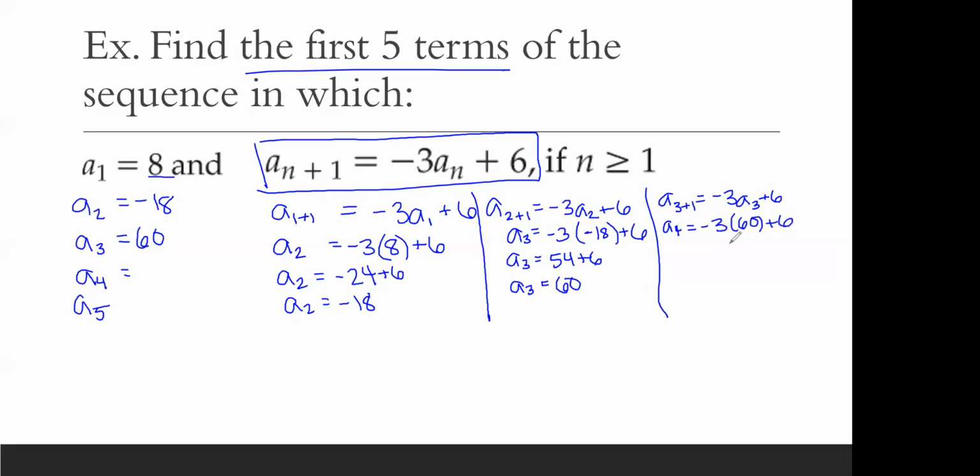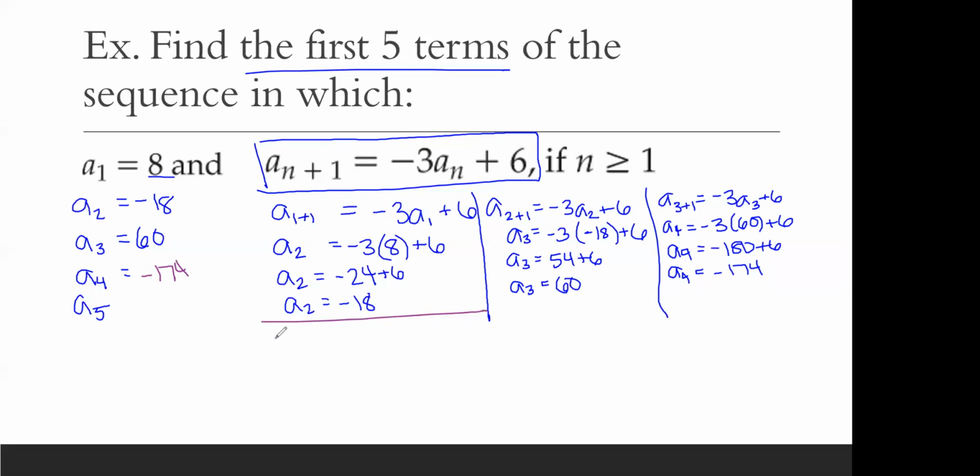So negative 3 times 60 is negative 180 plus 6. So a sub 4 is equal to negative 180 plus 6, which is negative 174.